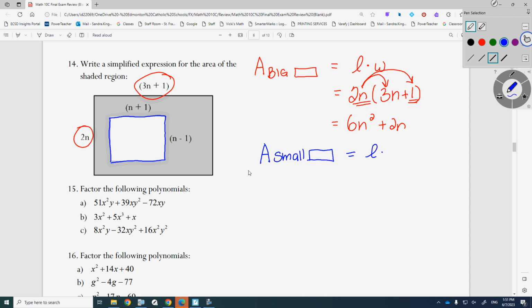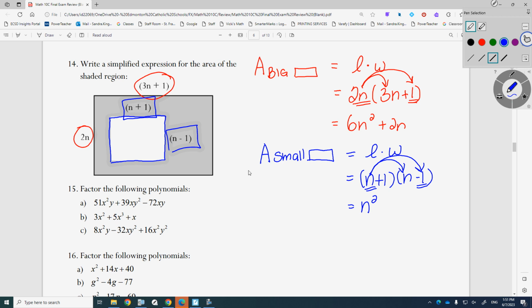And again, that would be length times width, and that would be n plus 1 times n minus 1. Okay, so let's distribute this to figure out what the area of the small rectangle would be. So n times n is n squared.